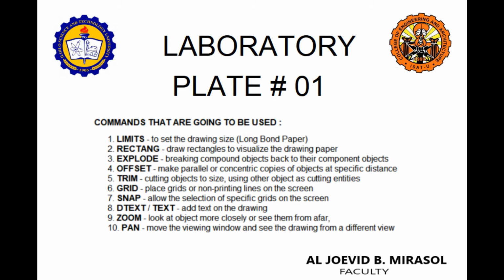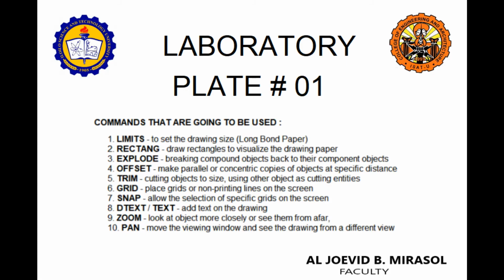Number 9, zoom. Zoom is basically looking at objects more closely or seeing them from afar. And number 10 is pan. This allows us to see objects, but it's different from zoom.